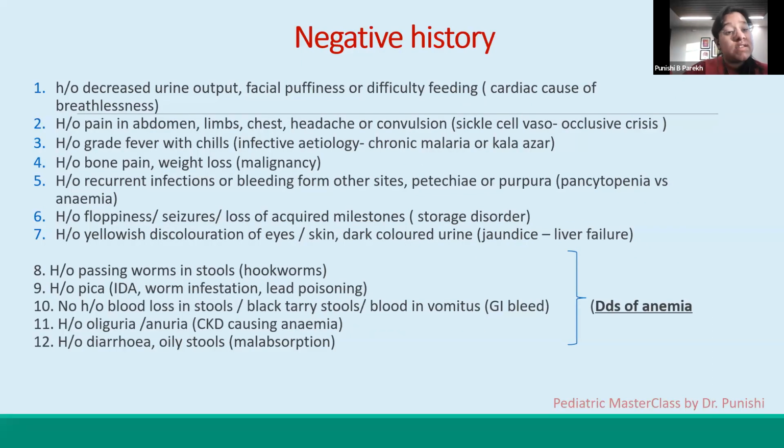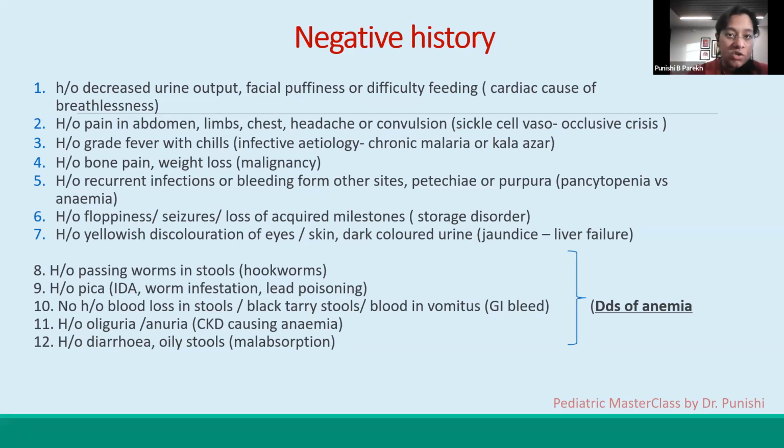The next question you will ask is whether there's history of pain in the abdomen, limbs, chest, headache, or convulsions. This is to rule out sickle cell vaso-occlusive crisis, which is another common type of hemoglobinopathy that we see after beta thalassemia major, obviously.